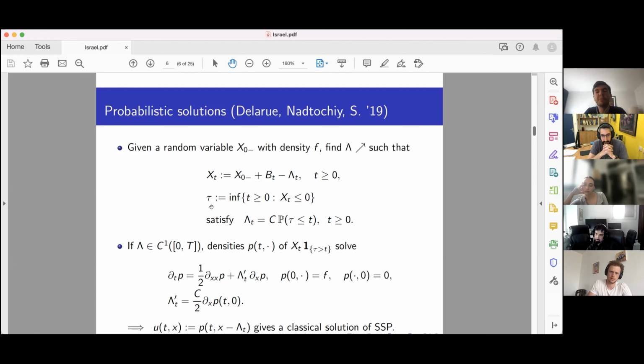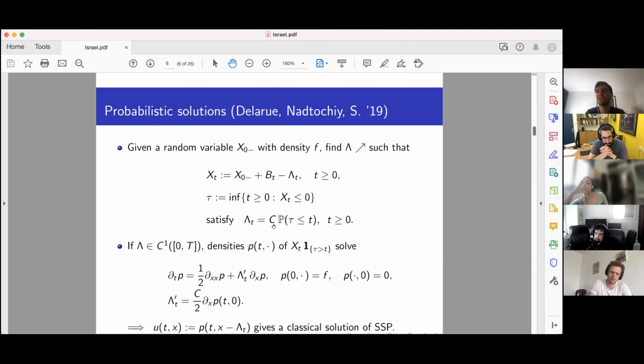If I define its first hitting time of 0, tau, the probability that my process hits 0 before time t should be given precisely by lambda, up to a constant of proportionality, capital C.